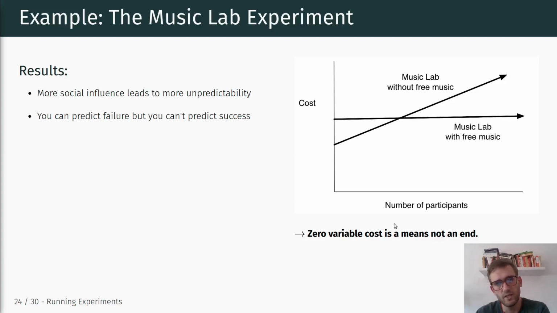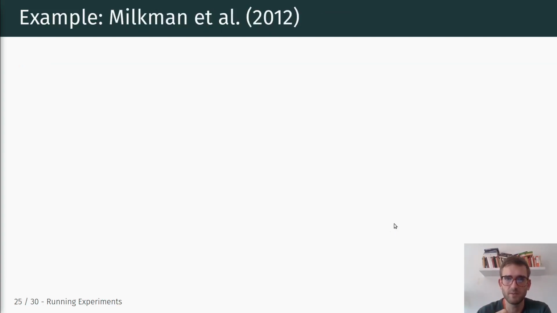But if you have free music where you don't have to pay for licensing, then it can be basically at zero variable cost. But the trade-off is, of course, to what extent the music is still enough of an incentive for people to actually participate in this type of experiment.